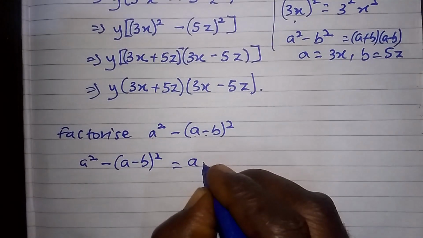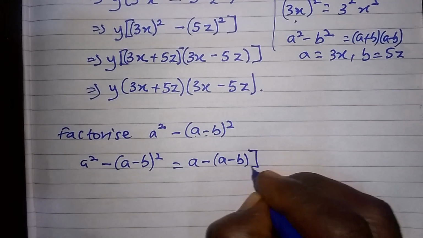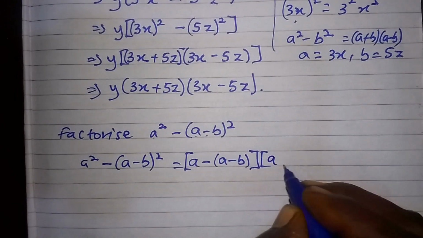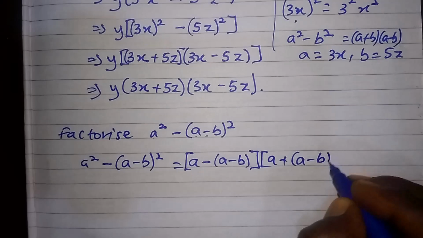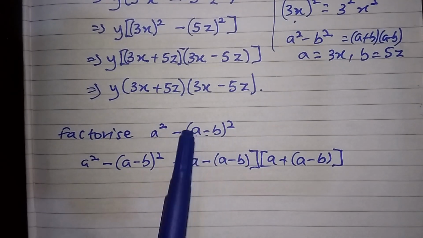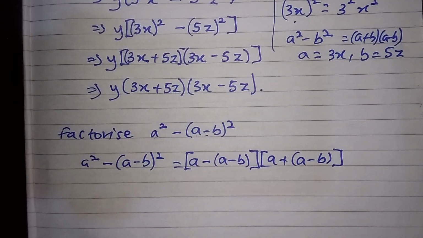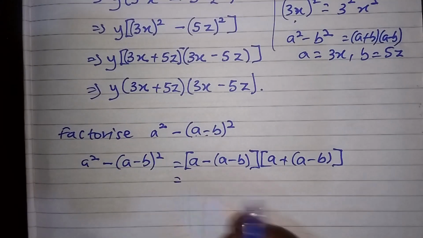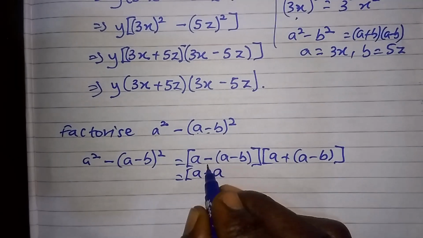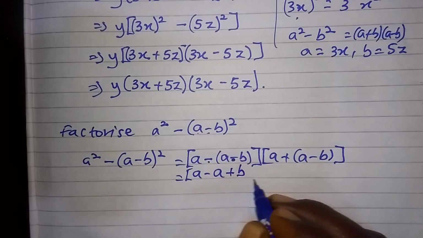a minus a minus b, that is one term. Then another term we have here is a plus a minus b. Hope you're getting the understanding. The whole of this is considered a term, so the square is for all. Likewise, the square here is for the a here. From what we have here, we take off the bracket, which now becomes a minus a, and minus taking off the bracket becomes plus b.